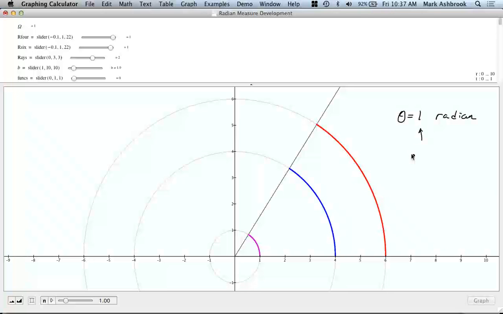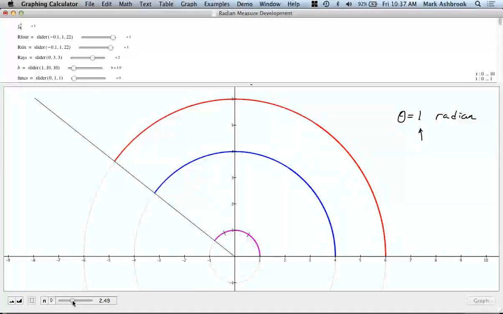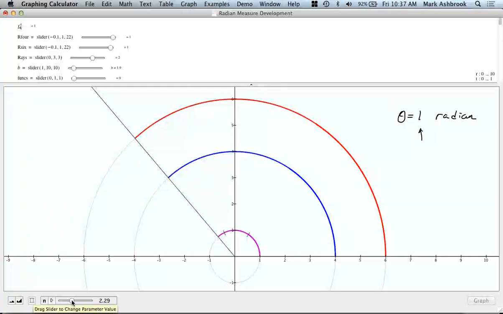Okay. So here I'm showing that's 1 radius length, and so then here I'm showing, say, 2.3 radius lengths of all 3 arcs. So my arc length is 2.3 radius lengths.